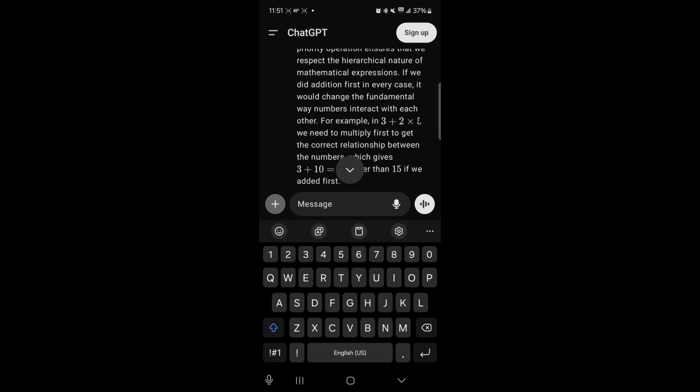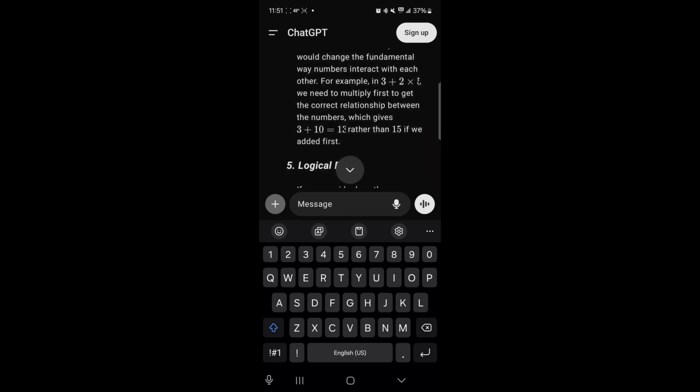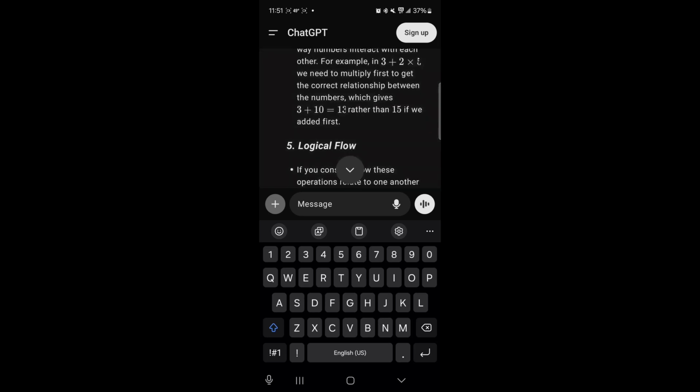For example, in the problem 3 plus 2 times 5, that 5 looks a little chopped off, 3 plus 2 times 5, we need to multiply first to get the correct relationship between the numbers, which gives 3 plus 10 equals 13, rather than 15 if we added first.